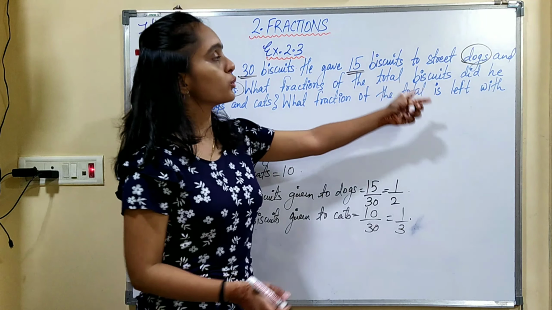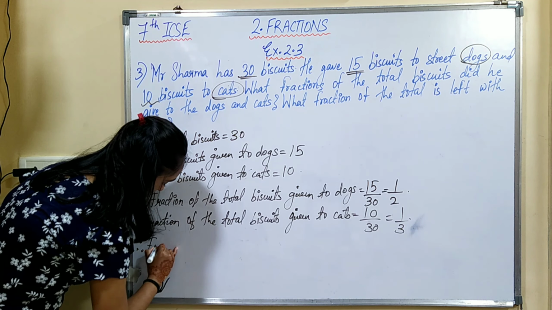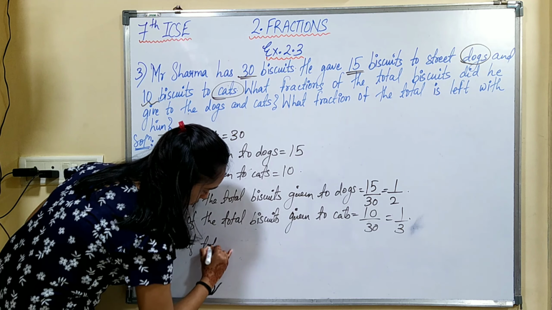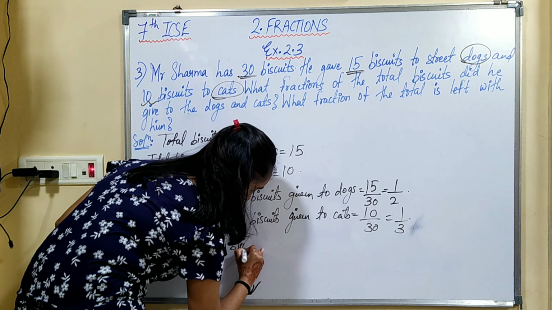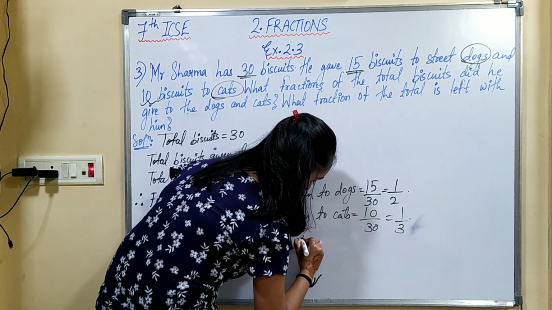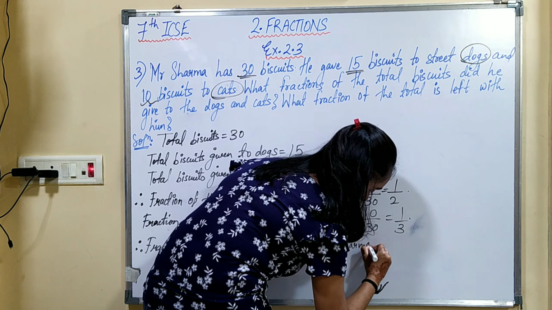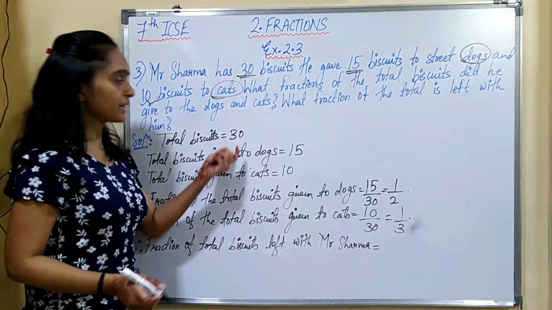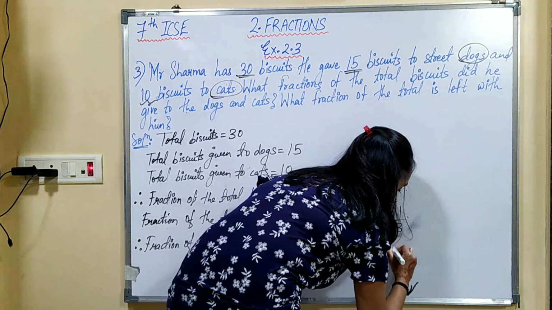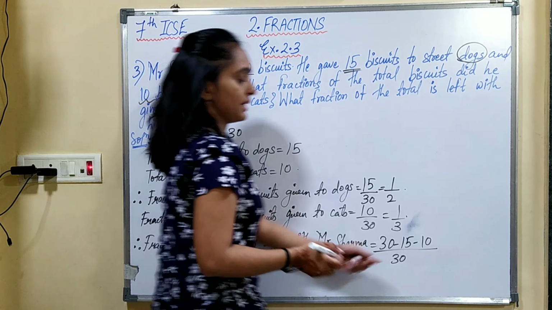Now, what fraction of the total is left with him? So, therefore, the fraction of total biscuits left with Mr. Sharma will be, after subtracting this, that is 30 minus 15 minus 10 upon total number of biscuits, that is 30.